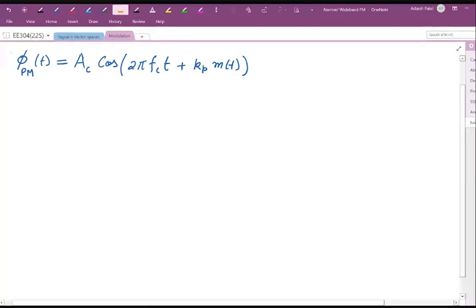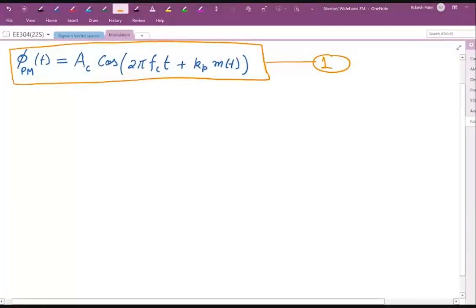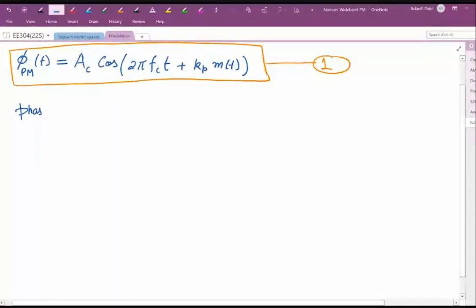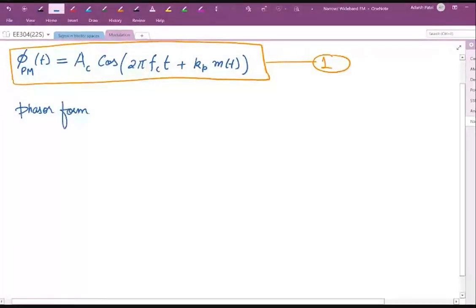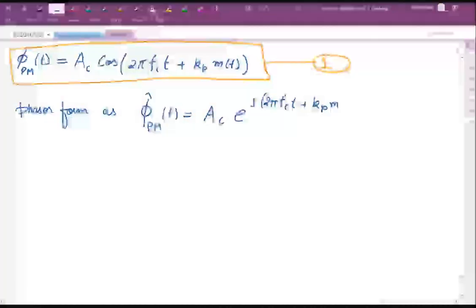And if I want to write this in the phasor form, where I say that phi_PM(t) is nothing but, I can write this equivalently in the form of e to the power j(2 pi fc t plus kp m(t)).